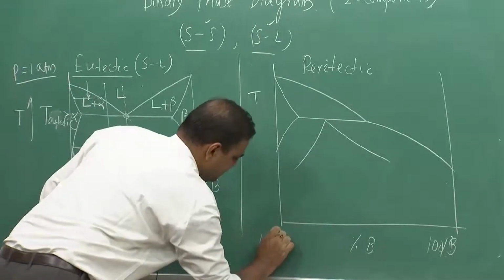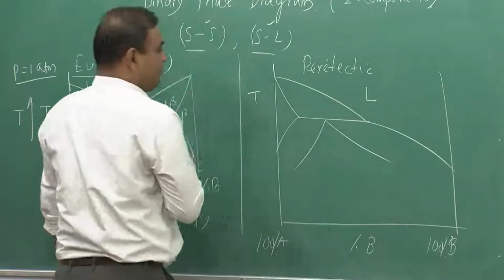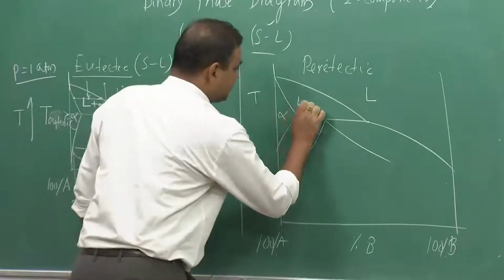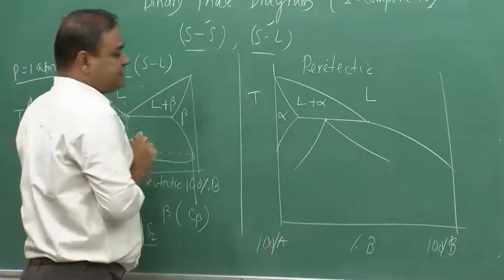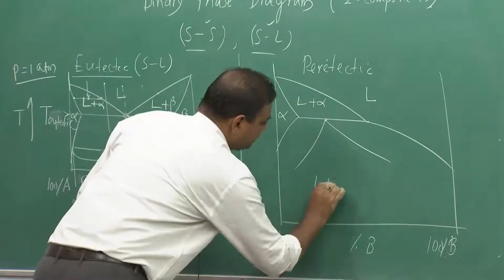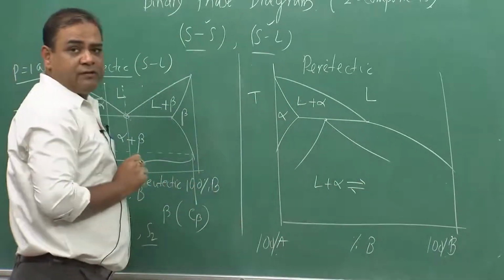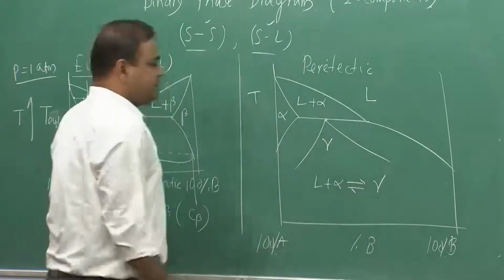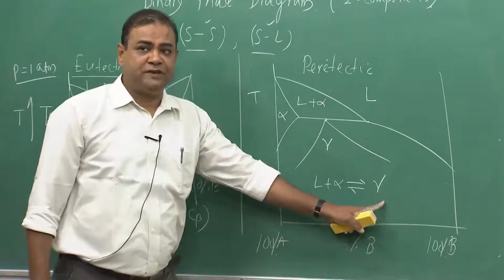Now, here this is liquid, and if we consider this to be alpha, then this is liquid plus alpha, and now at this point liquid plus alpha converts to another solid which is gamma, let us say, which is a new solid of different composition, different structure.